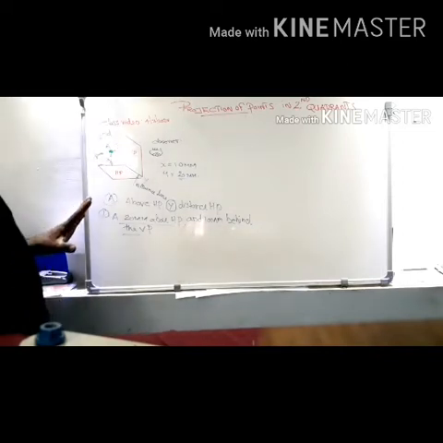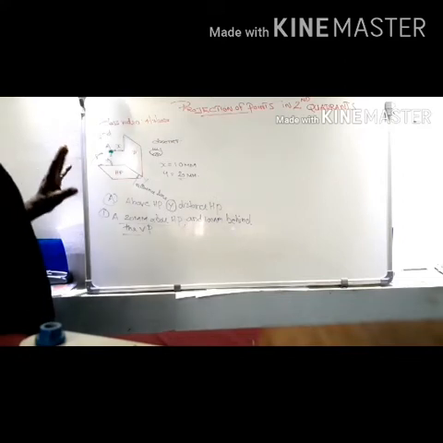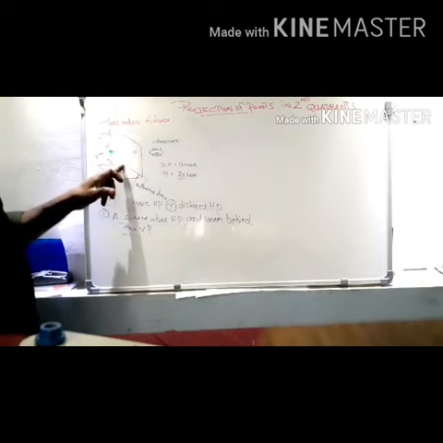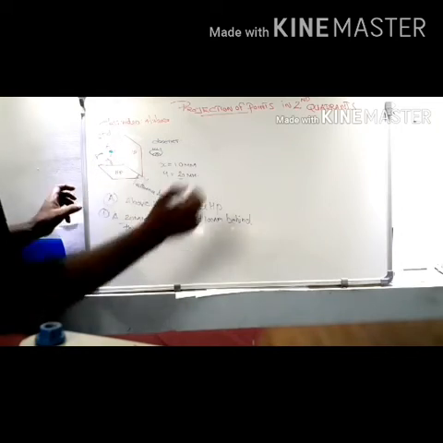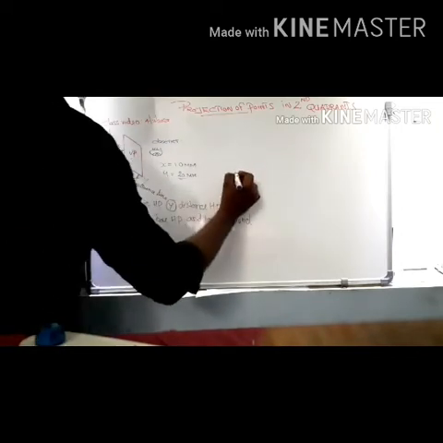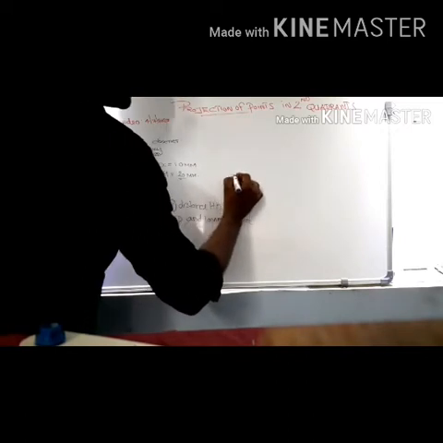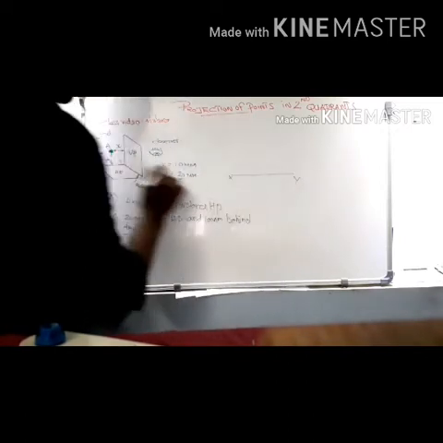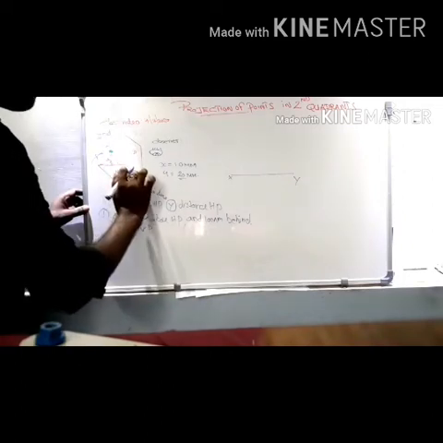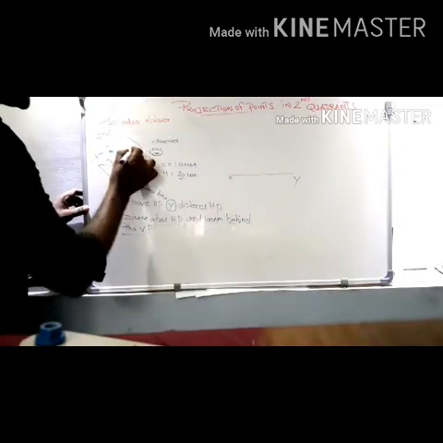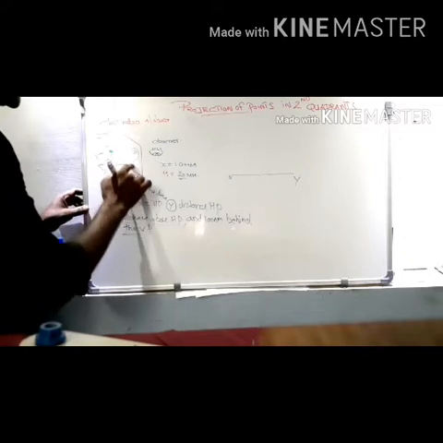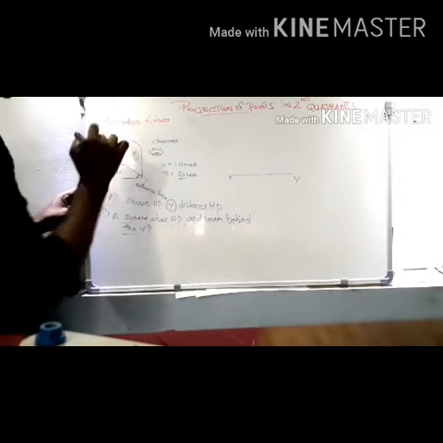For that, first we have to draw a reference line. Here, this is the reference line. Now I am drawing a line whose name is XY. Above the XY line is marked which plane? The vertical plane.